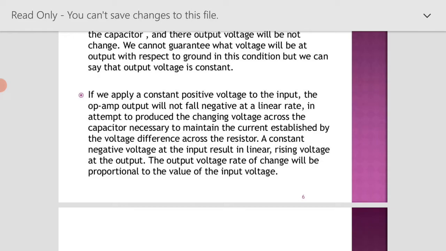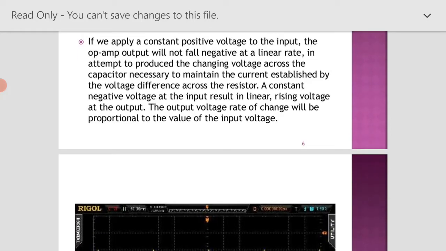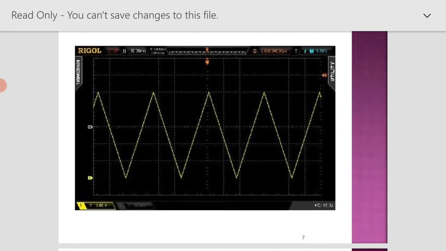A constant negative voltage at the input results in linear rising voltage at the output. The output voltage rate of change will be proportional to the value of the input voltage. As shown in the graph, the figure shows the triangular waveform output of a function generator.